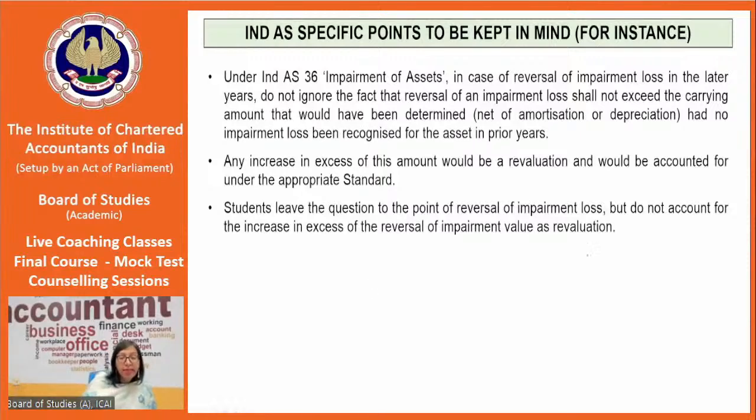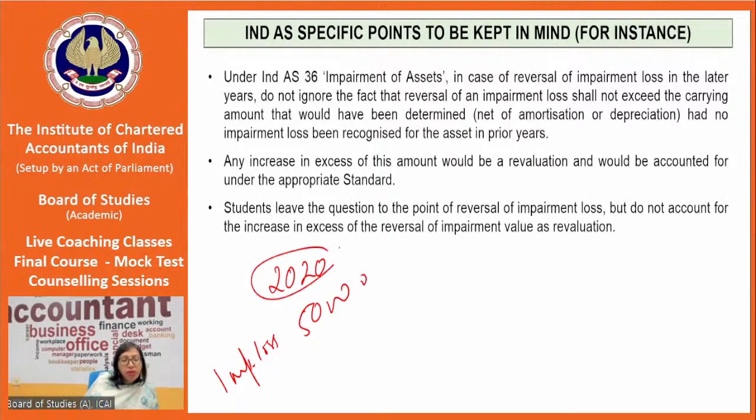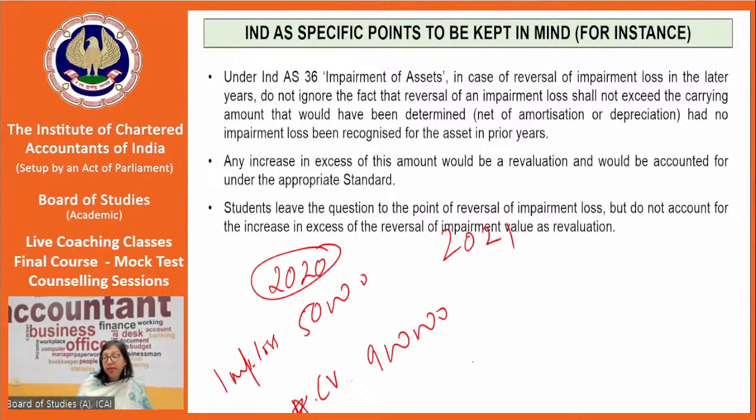Let me write it through an example. In 2020, you made an impairment loss of 50,000. Because of this 50,000, the carrying value of the asset came down to 9 lakh rupees. Fine. In 2021, there was reversal of this impairment loss.